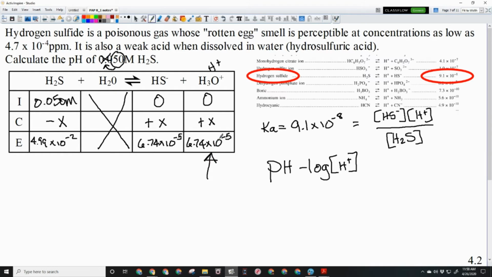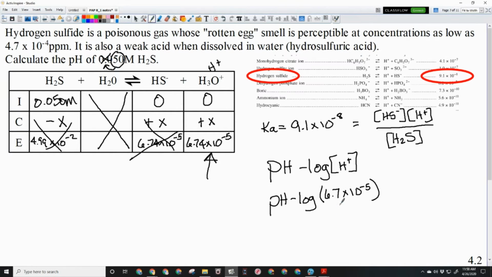So we solved for X, that's the hydrogen ion concentration. We don't care about this, and we don't care about this. Okay, so we only need to get the negative log of 6.7 times 10 to the negative fifth. Now I rounded this to our 2 significant digits that we need.